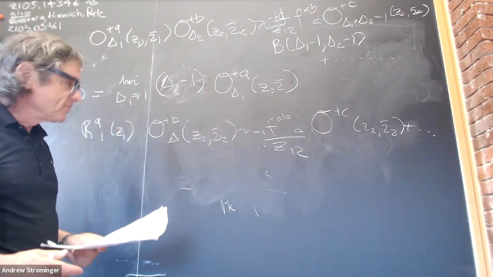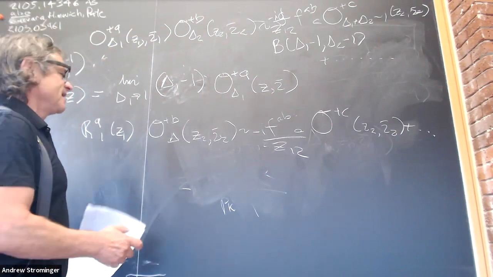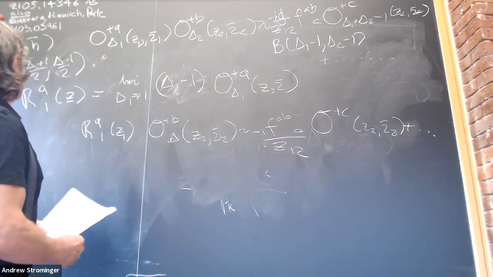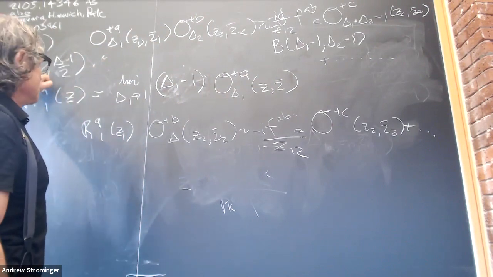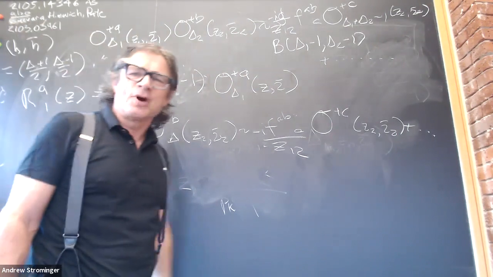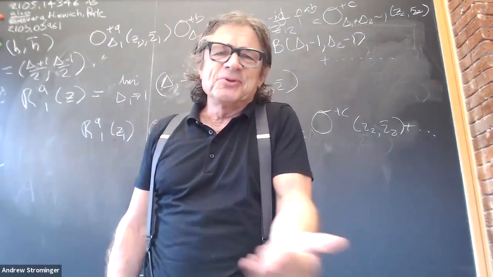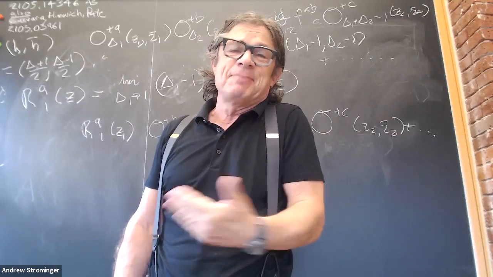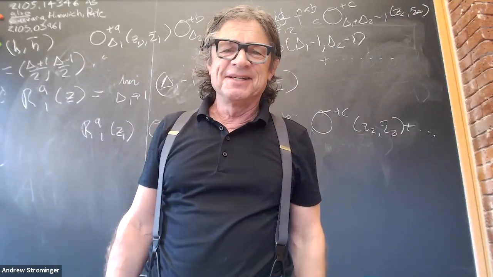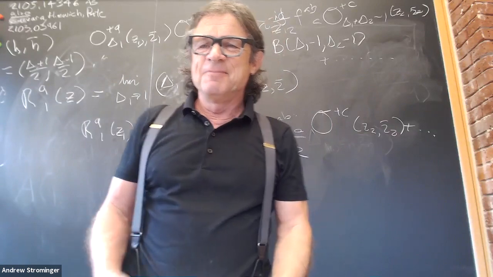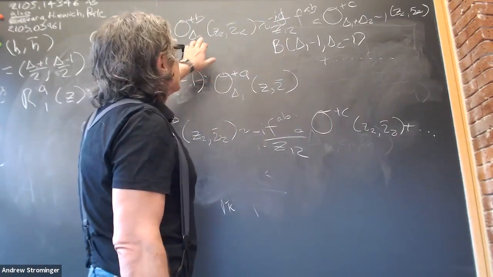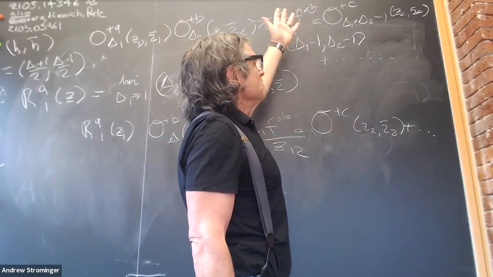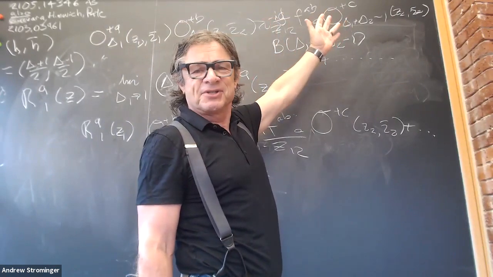So what is this thing? First of all, why did I get to say that this depends only on Z? Well, we can see from this formula that it's a dimension (1, 0) operator, and conformal symmetry tells us that (1, 0) operators can't depend on Z bar. In fact, you can show that this is the only term, but you can also just see it by direct calculation.